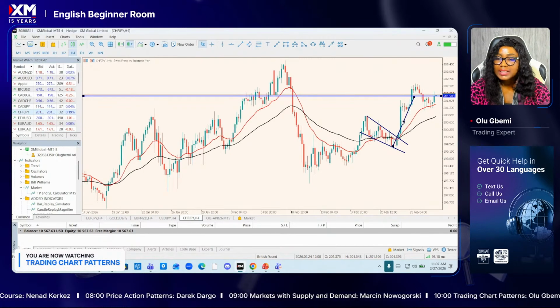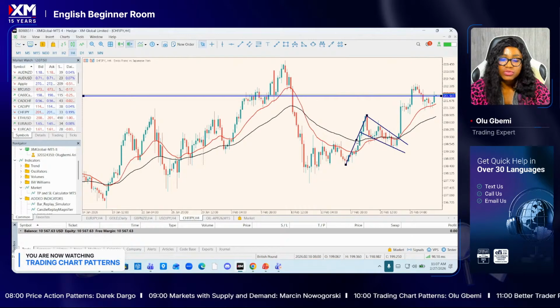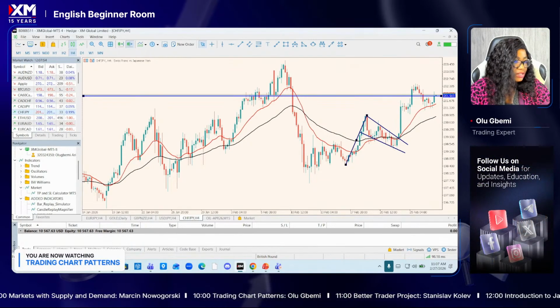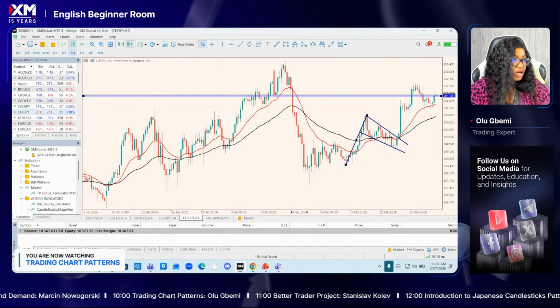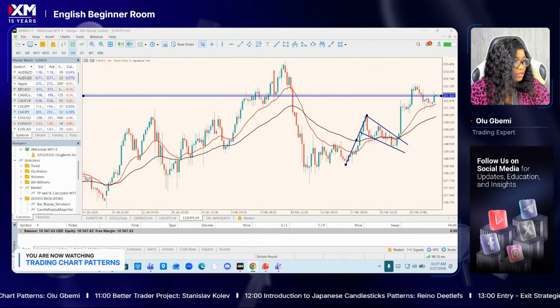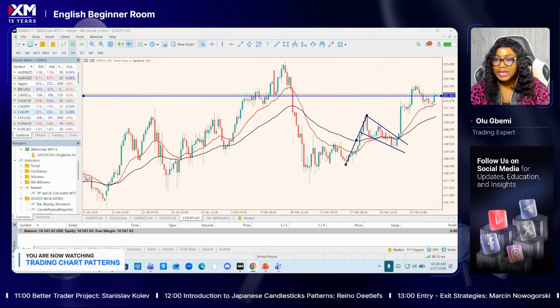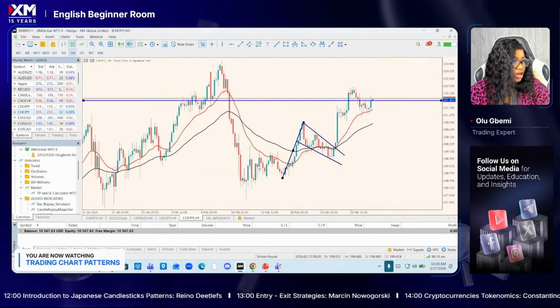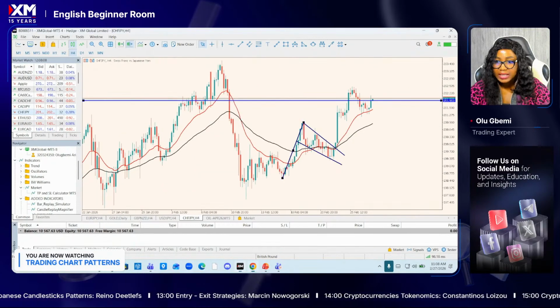So patterns are quite an important aspect of trading the charts. If you are a technical trader, it is like the foundation. Chart patterns are like the foundation of technical analysis. So you want to be able to identify the patterns as you navigate the different charts, the different markets that you trade.